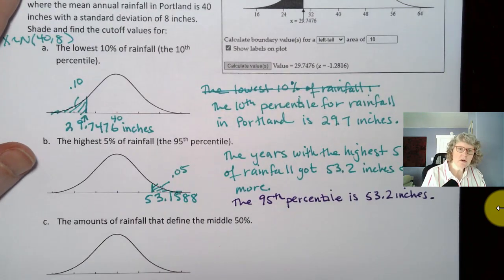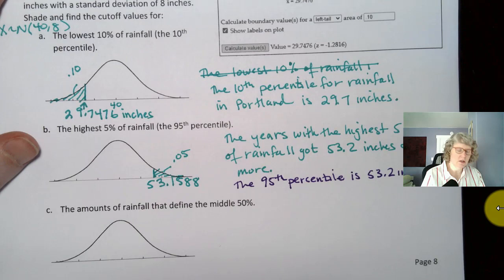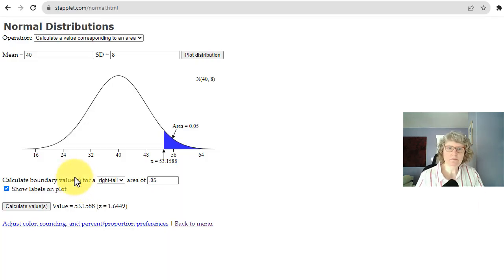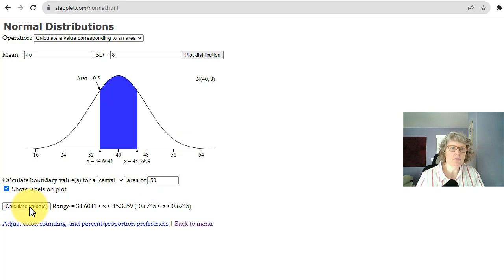Okay, one more. Sometimes you'll have a middle, or as the app calls it, central. The amounts of rainfall that define the middle 50%. Okay, so now we're going to go to what Statlet calls central, and if it's 50%, that's 0.50. And I've got to make sure it definitely looks centered, because the middle 50% should be centered.